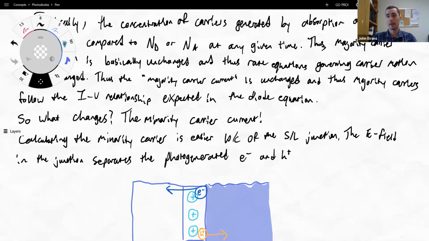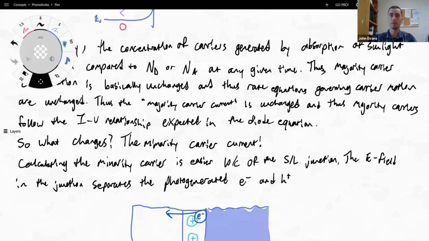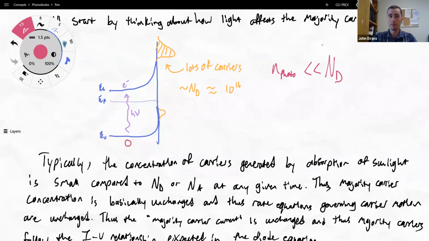So the IV curve, or the ideal diode equation that we derived, is still valid here, because the ideal diode equation tells you how carriers are moving at equilibrium. It helps especially with majority carrier motion, because when we were deriving it, we were looking at N sub C up here in the conduction band. So we're mostly concerned about what's going on up here, not so much what's going on down here.